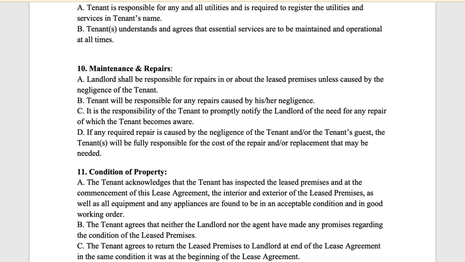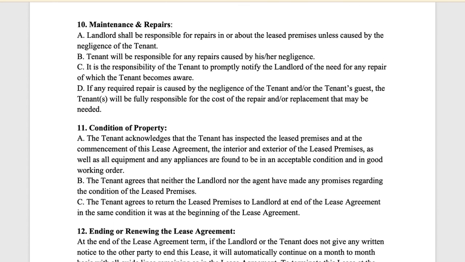We will do a walkthrough with the tenant prior to you moving in, just to go over the condition of the property, checklist, make sure that the tenant is okay before they move in, and we get their initials by that as well, so there's no going back. If something happens or if it's default and they try to blame something about the property, we have proof that we all did a walkthrough, they initialed it, they were okay before they moved in.